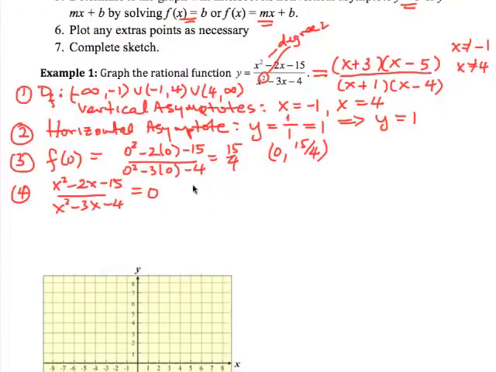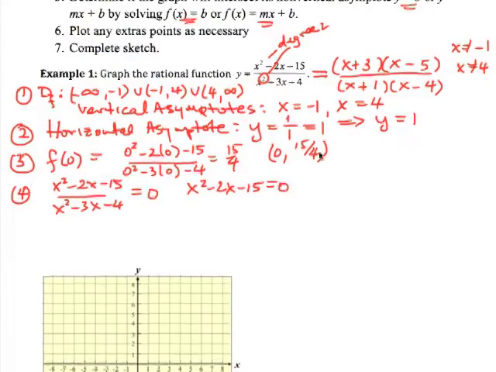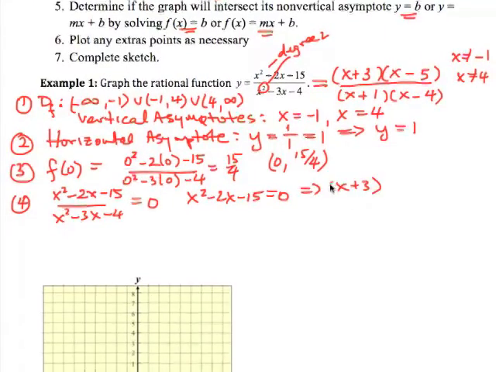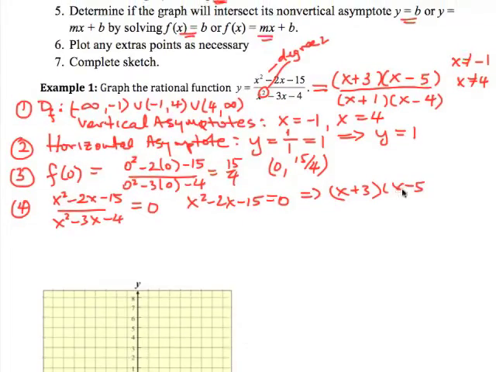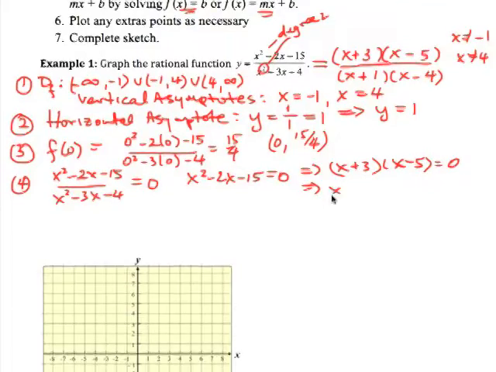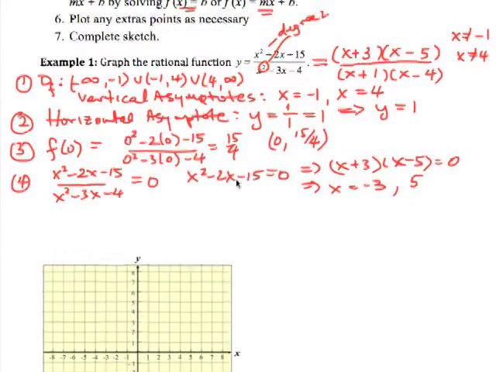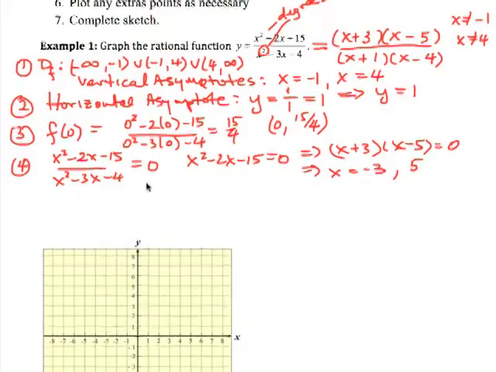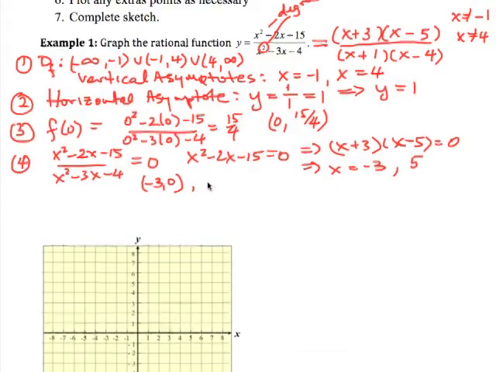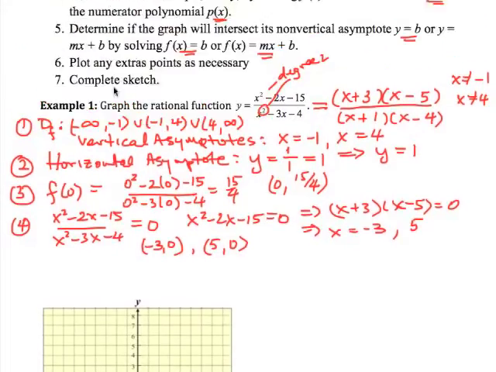And of course this is really just finding when x squared minus 2x minus 15 equals 0. And using our factored form, that implies when (x plus 3)(x take 5) is equal to 0, which implies that x is equal to negative 3 and 5. So what are my points? They are going to be (negative 3, 0), and of course (5, 0).